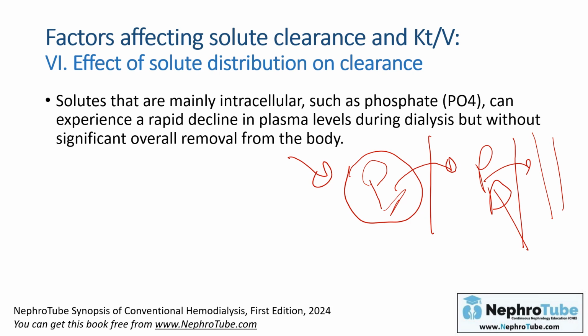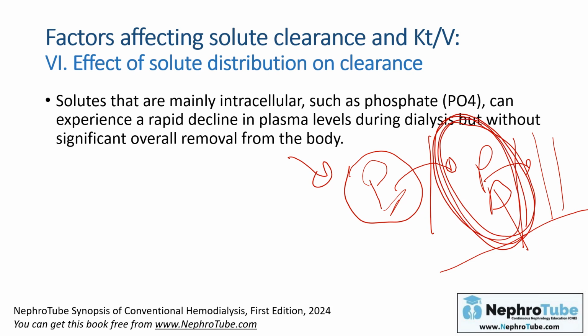So after the hemodialysis session is finished, the plasma phosphate in the blood is very low, but there is a high level of phosphate inside the body. That's why the overall body phosphate doesn't decrease. And that's why dialysis alone is not enough to control the phosphate level in the body.